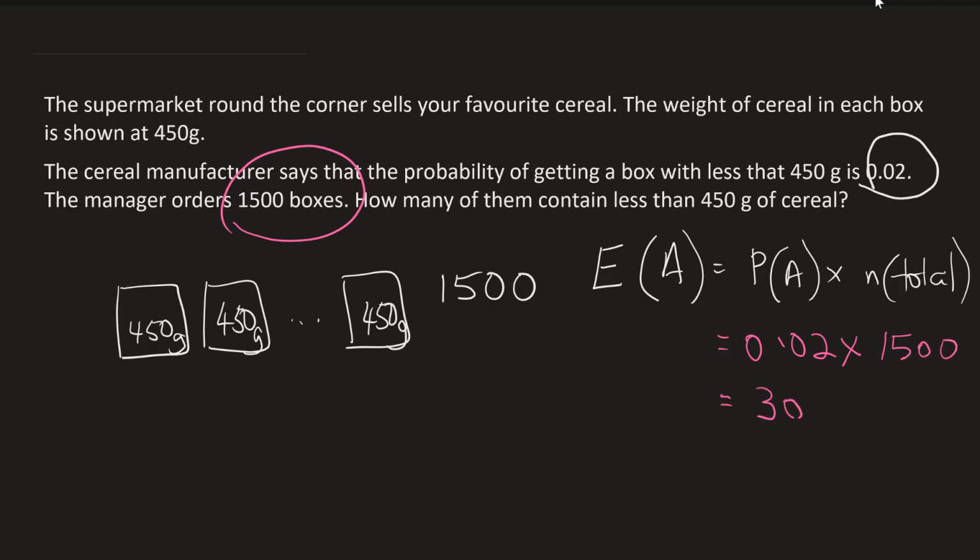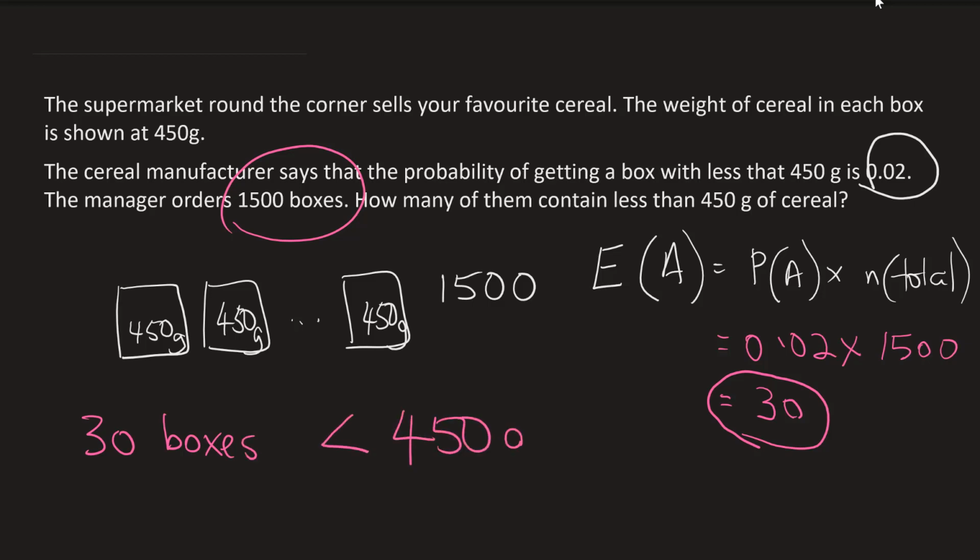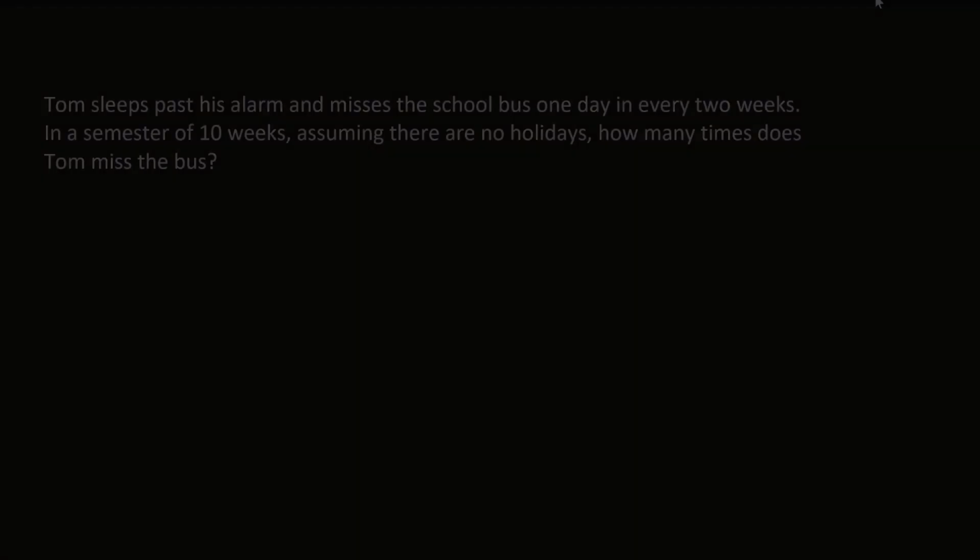The way we explain this is that out of the 1,500 boxes that the manager orders, we can expect there to be 30 boxes where the weight is less than 450 grams. 30 boxes will have weight of less than 450 grams.